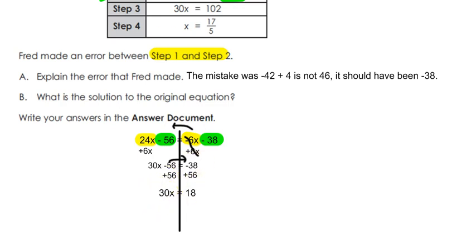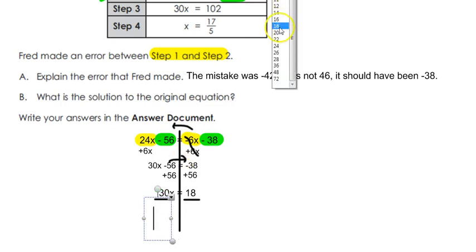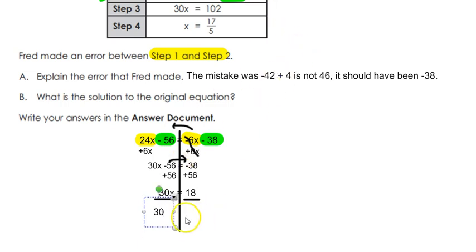All right, your last step is to get rid of the number in front of x, and that is almost always with division. You divide by whatever number that is. So we have divided by 30 on both sides. And so our answer is 18 divided by 30, which the best answer would be to check and see, will that simplify?